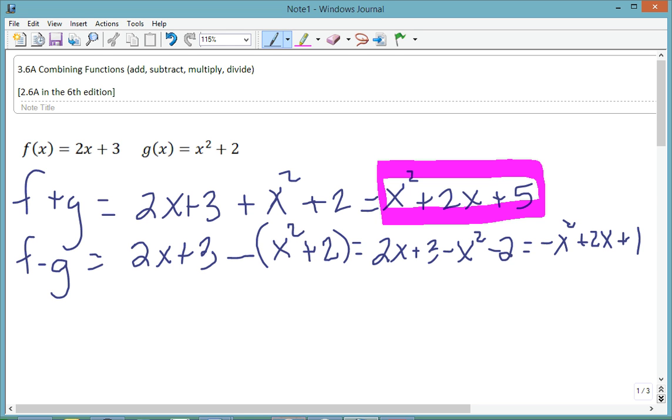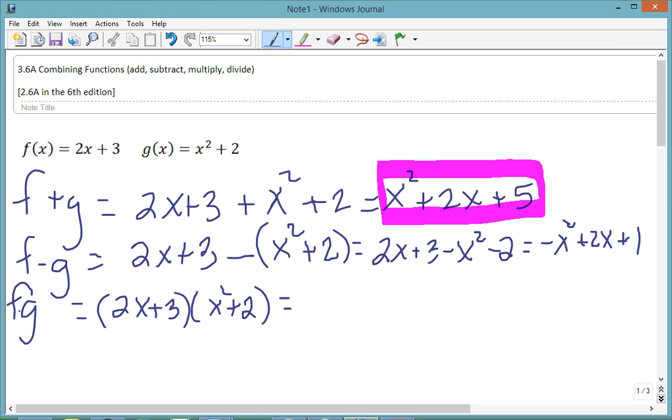All right, if we are going to multiply, we just multiply them. So we would have 2x plus 3 times x squared plus 2, and we distribute that all out. Some of you might call that FOIL. So 2x times x squared would be 2x cubed.